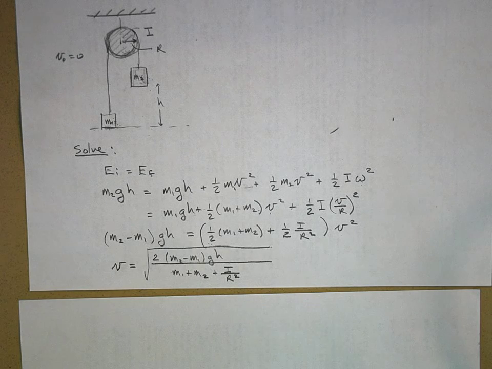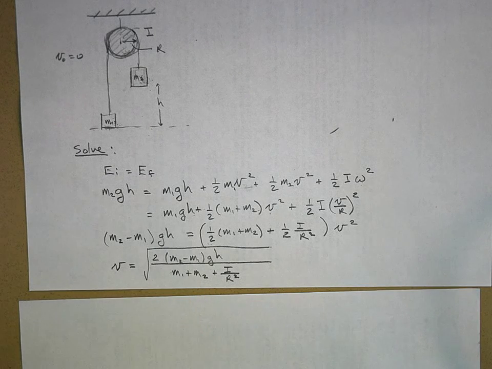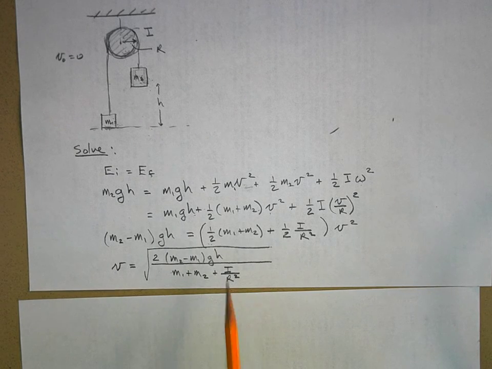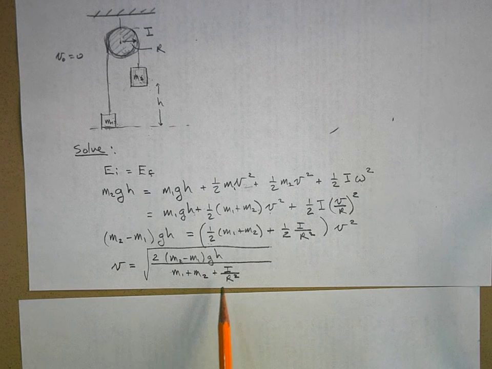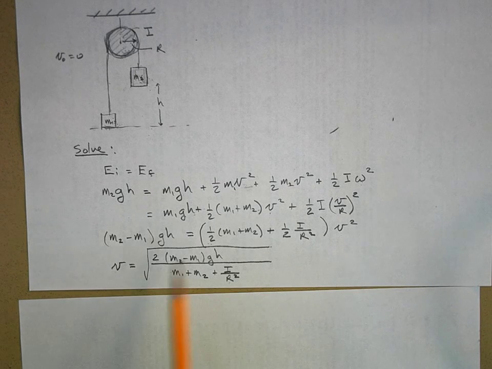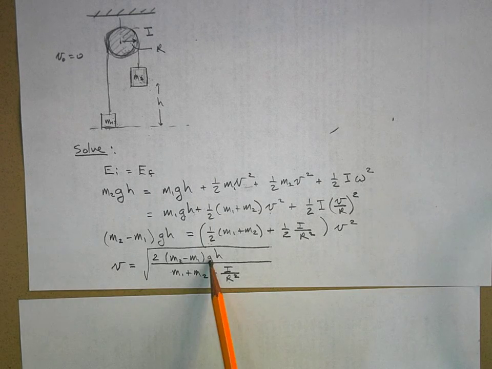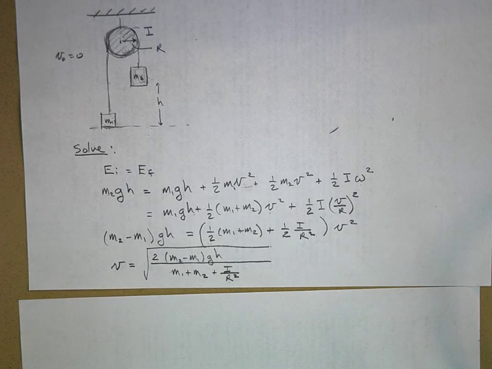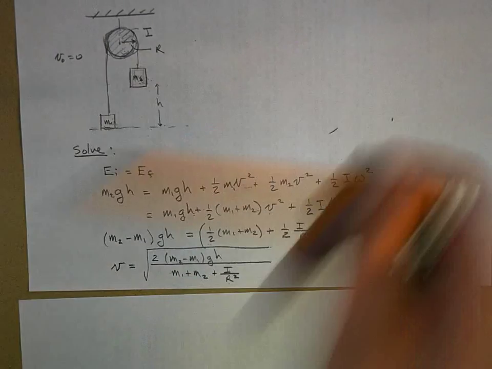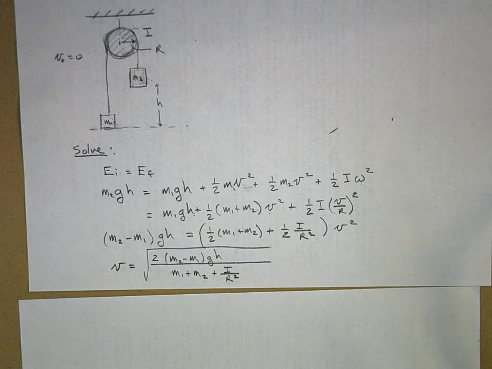This should give me an expression in terms of the masses, the height, the rotational inertia and the radius, and the gravity field I'm in, of how fast this thing is moving after it's descended h. Oh, let's check. Where's my book?